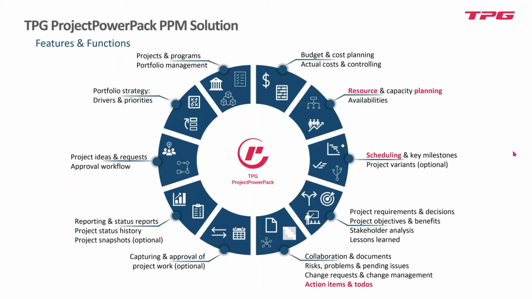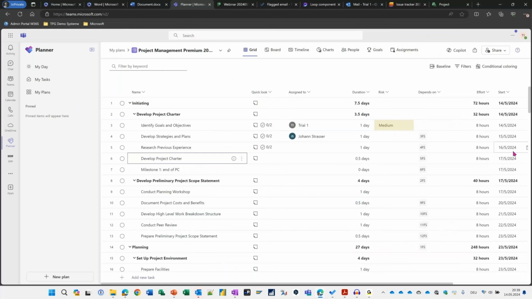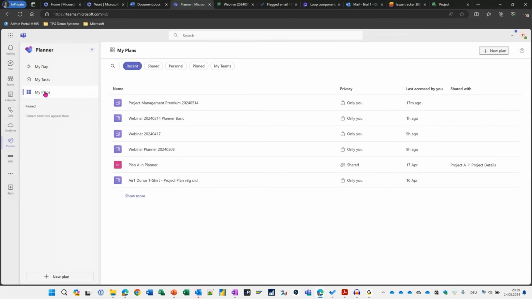So this is the advantage of the Power Platform where the planner is built in, and we can really have a low code, no code thing around it. But we packaged it in a solution which is more than low code. There's lots of functionality built in.